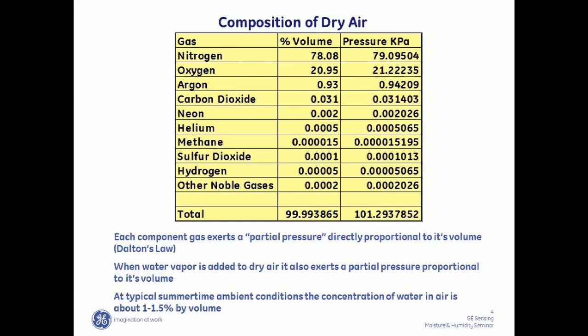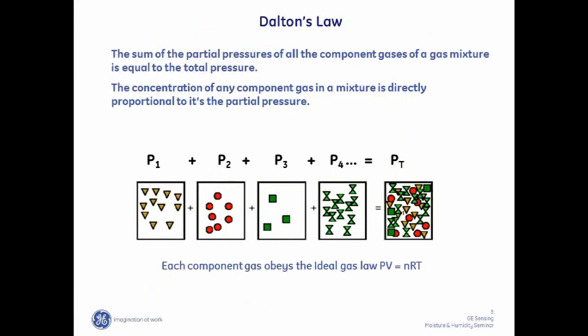And each of those gases will exert a pressure directly proportional to its volume. So water is no different. If there's water in the environment, it exerts a partial pressure directly proportional to its volume. And the sum of those partial pressures add up to the total pressure.